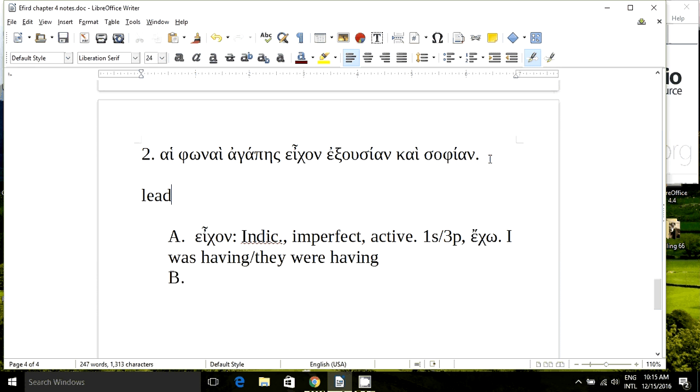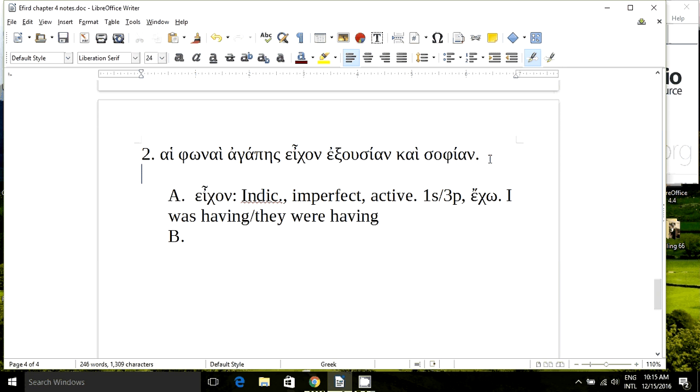You don't know if you're going to be talking about the element lead, PB, plumbum, or if you're talking about he's leading somebody along the path. Likewise, is this read or is it read? Is it present tense or is it past tense? Well, you don't know until you know more about the sentence.